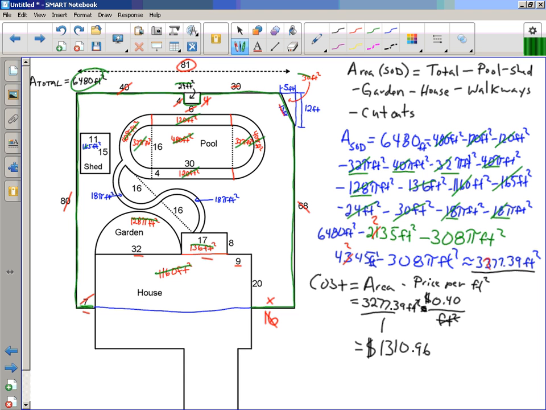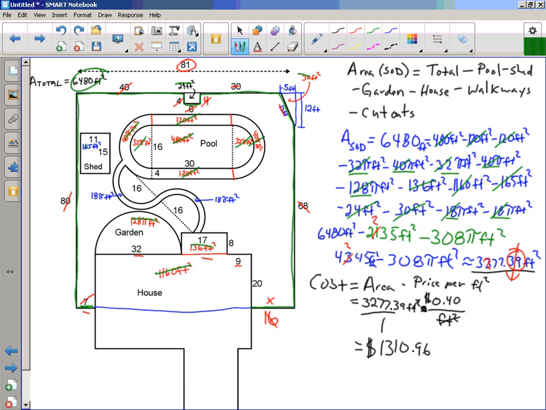Okay, but that begs a question. Is he going to charge me for a partial square foot? Is the sod guy going to lay half of a piece of sod and call it done? And no, he's not. And we don't want him to short us. So if we take this .39 off and we round it down, then we won't have enough sod. So no matter what, we want to have more sod than we need.